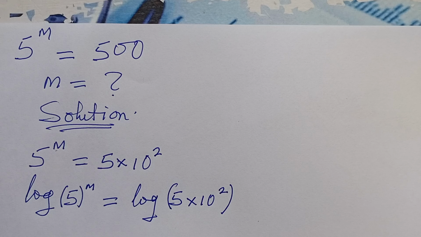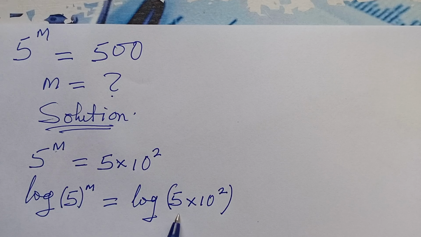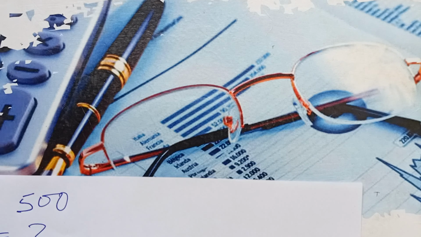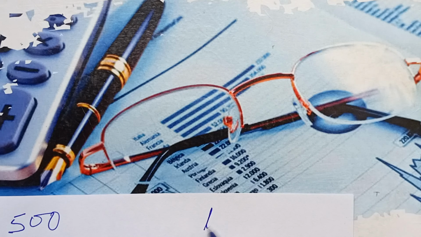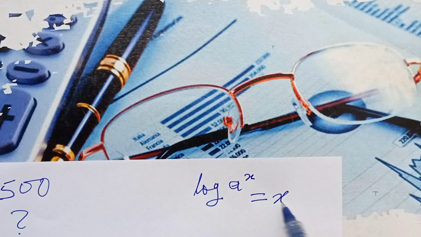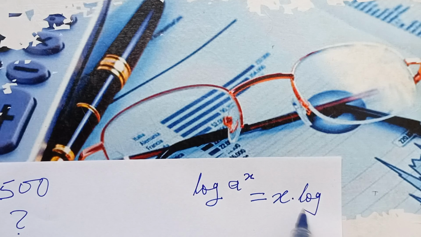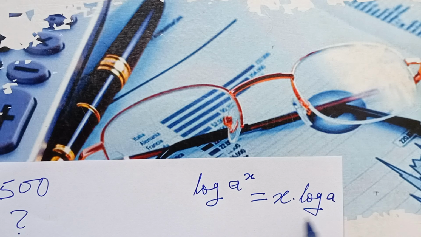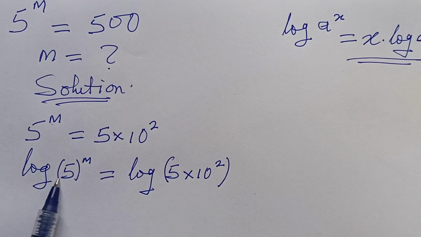Here, we're going to apply two rules of logarithm, the power law and the multiplication law. Let's start with the power law, which says that if you have the log of a raised to the power of x, this is equal to x times the log of a. Now we're going to apply this law to this side of the equation.